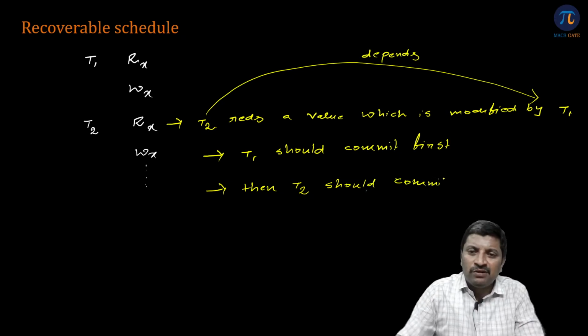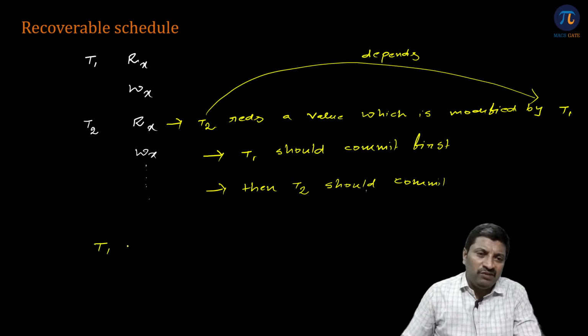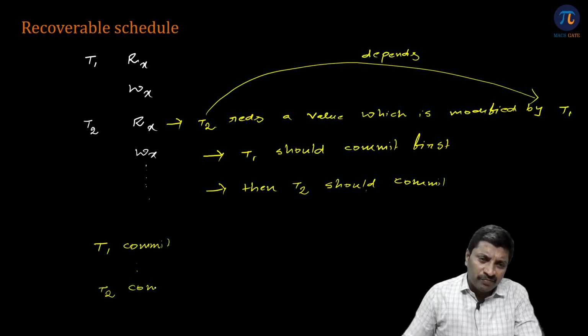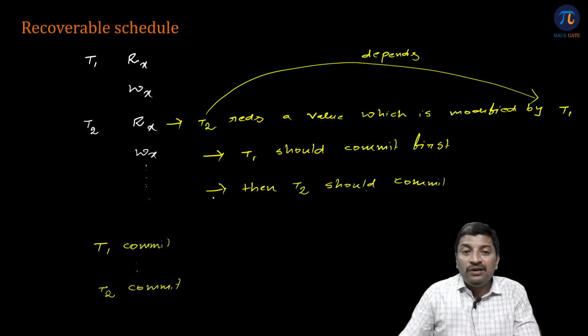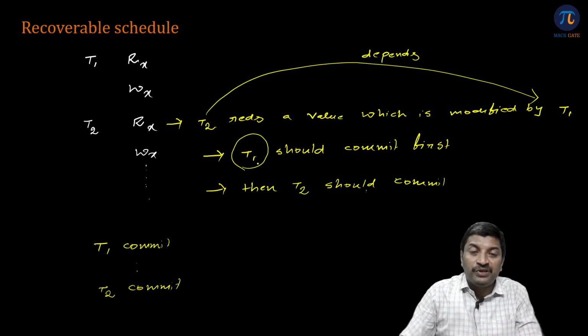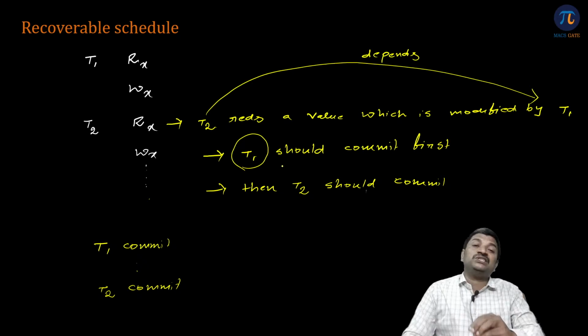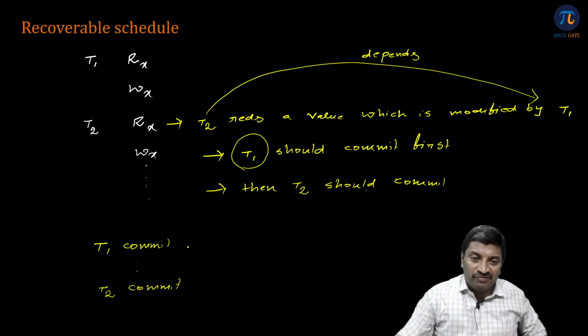That means after some number of operations, I may have T1 commit. That means T1 completed. Then I may have some other operations. Again, T2 is committed. But which transaction committed first, sir? T1 is committed first because T2 is depending on T1. That is the meaning of it.